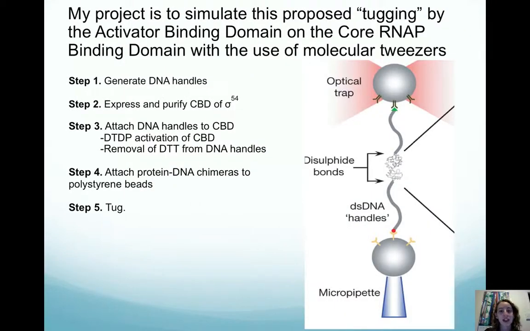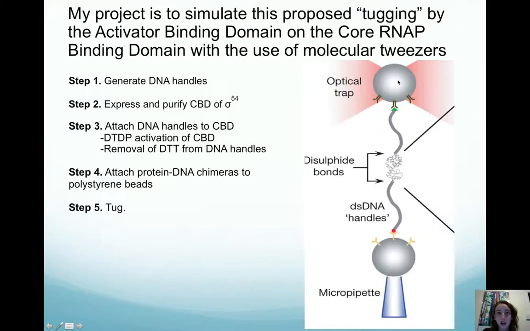So my project aims to simulate this proposed tugging by the activator binding domain as a result of the activator on the core RNA polymerase binding domain with the use of molecular tweezers. So here's the setup right here. The protein will be flanked by 2 long DNA handles, and the handles can interact strongly with the beads that are held by a laser.